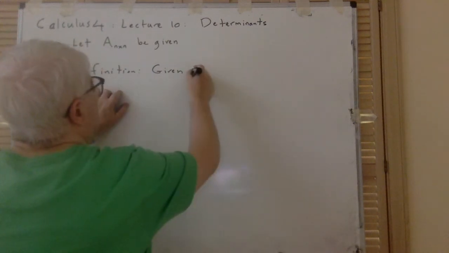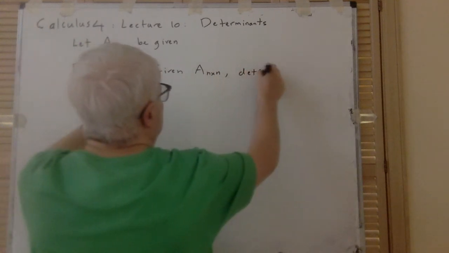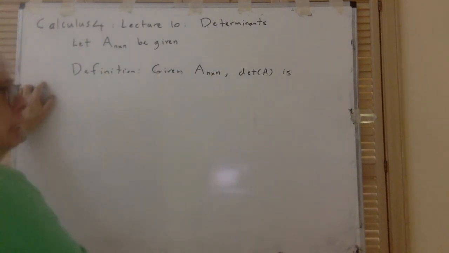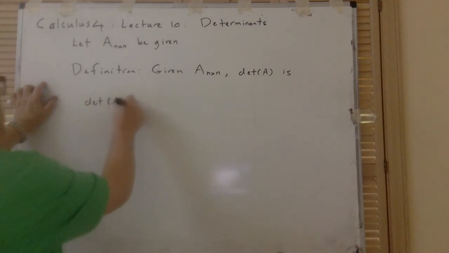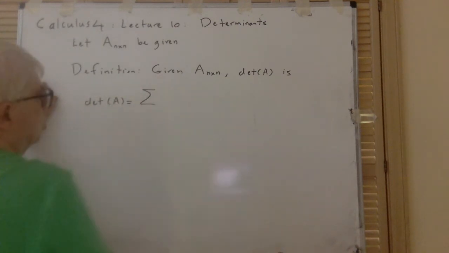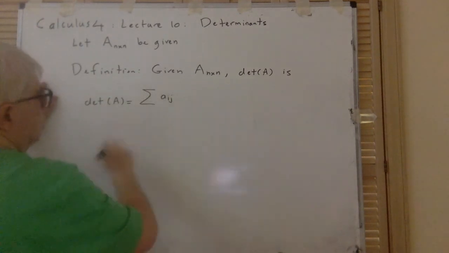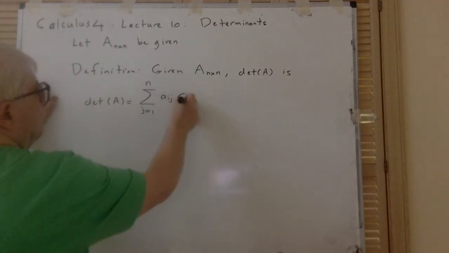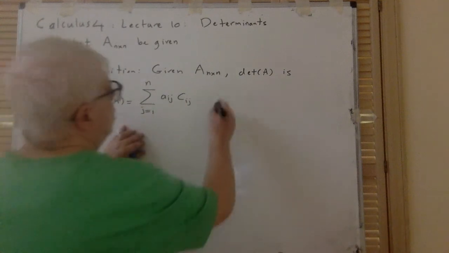Given an n by n matrix, the determinant of A is, we can use any row. That's interesting. The determinant of A will be a sum. Let's use row i. So I say Aij, with j going from 1 to n, times the cofactor Cij. That's it. That is the determinant. This is called cofactor expansion.